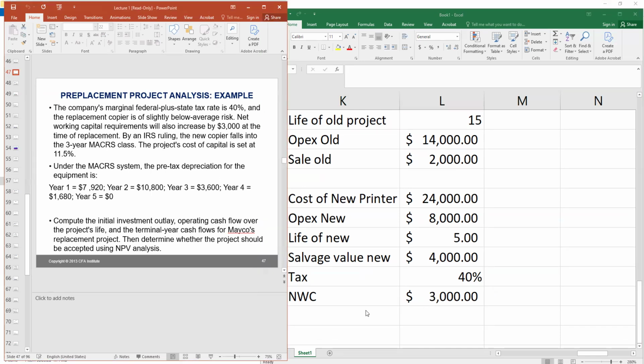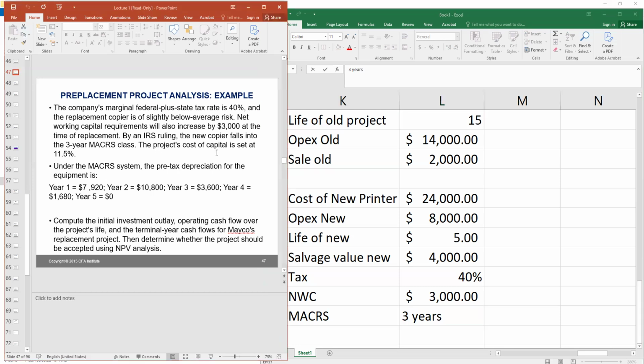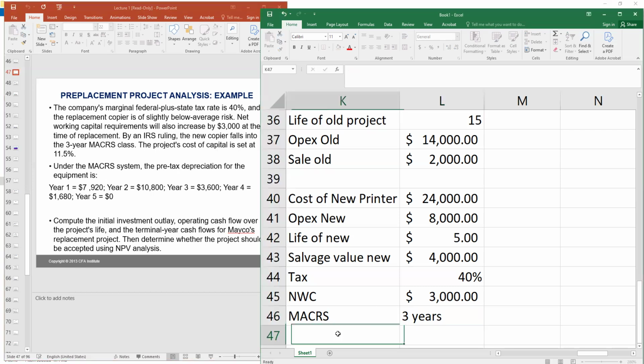Okay, we need to calculate MACRS. MACRS, 3 years. Okay, the project cost of capital, I mean the return, okay, discount rate is 11.5.